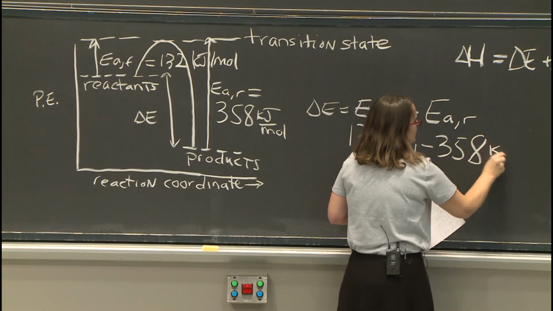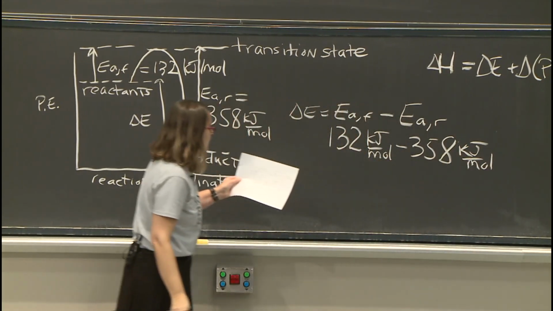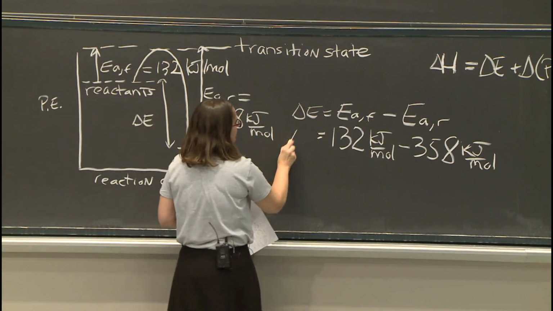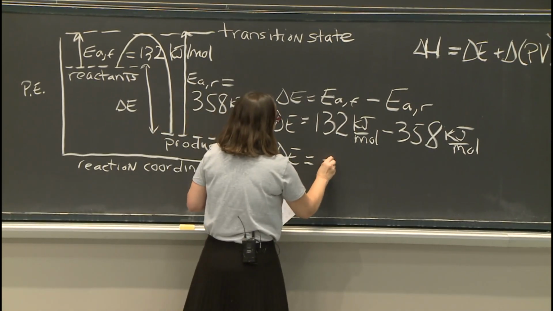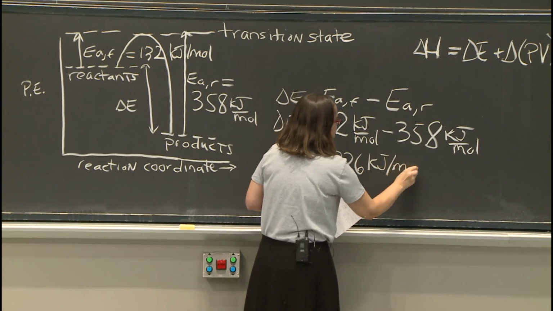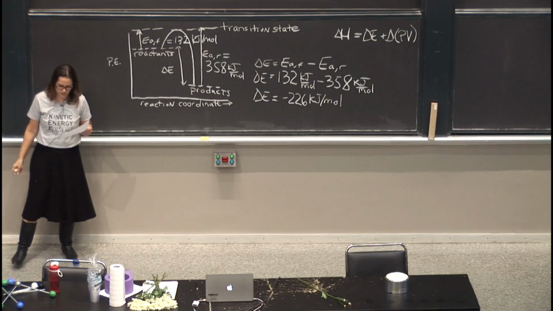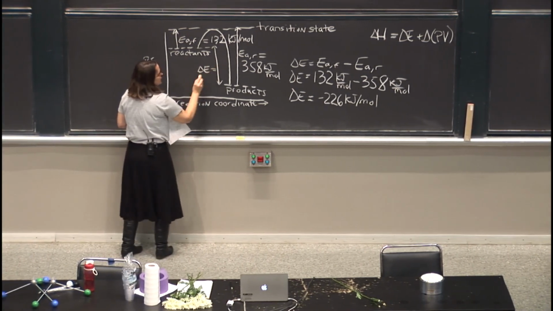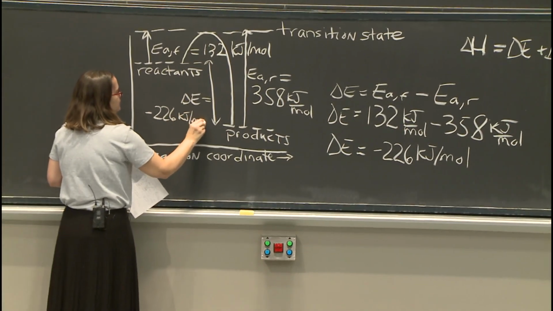If we do the math here, delta E is equal to minus 226 kilojoules per mole. Would you expect that to be an endothermic or exothermic reaction? Exothermic, right. And we can put that value in here, minus 226 kilojoules per mole.